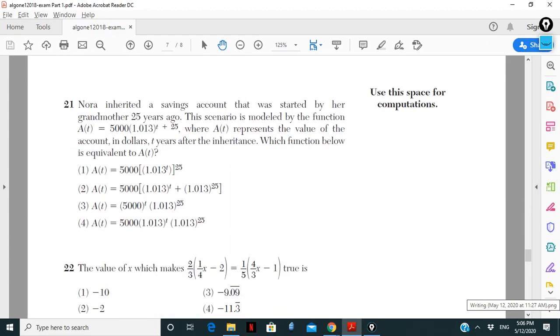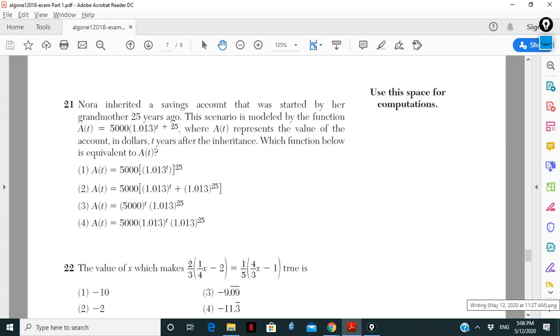Question number 21. Nora inherited a savings account that was started by her grandmother 25 years ago. This scenario is modeled by the function A(t) equal to 5000 times 1.013 to the power t plus 25, where A(t) represents the value of the account in dollars t years after the inheritance.